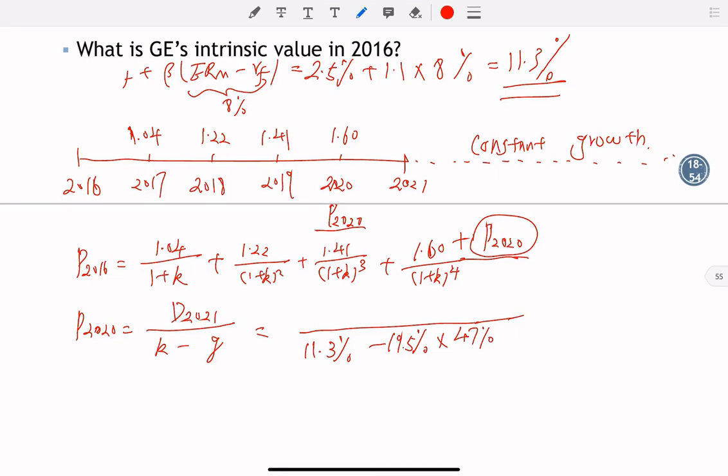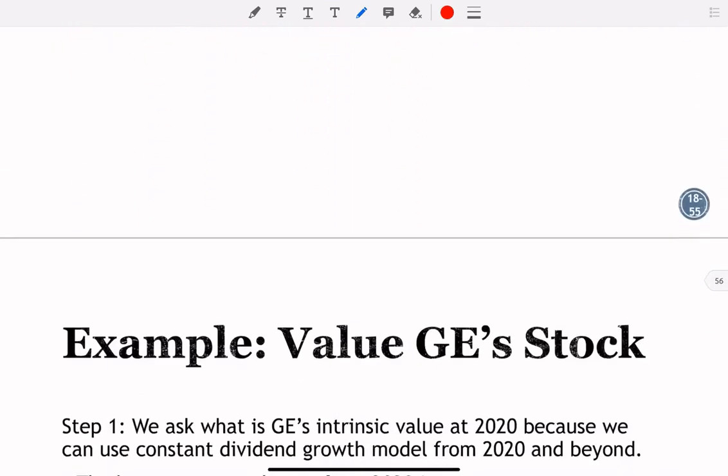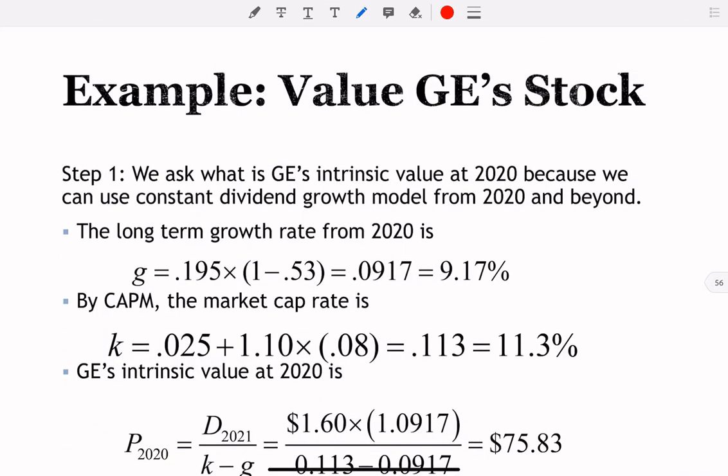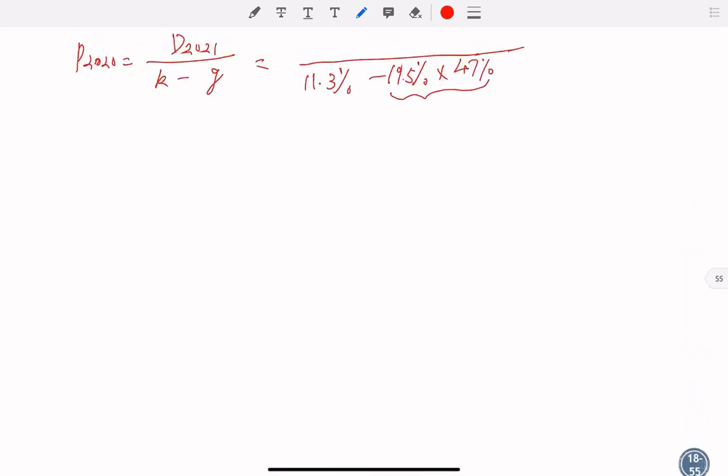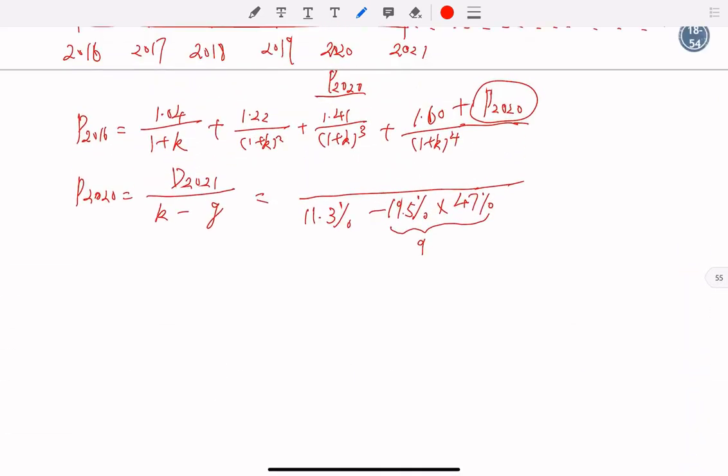So what is G here? Let me see if I can find it. Okay, G is 9.17%. And what is D2021?